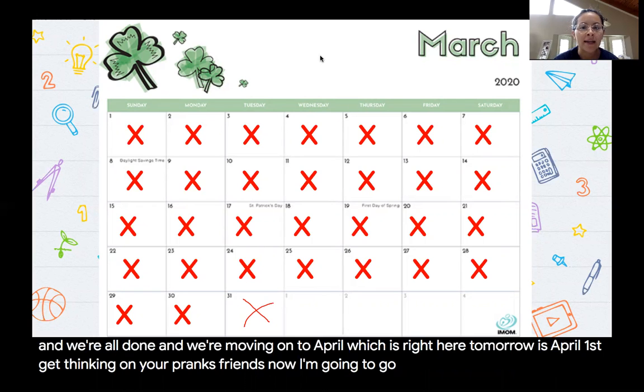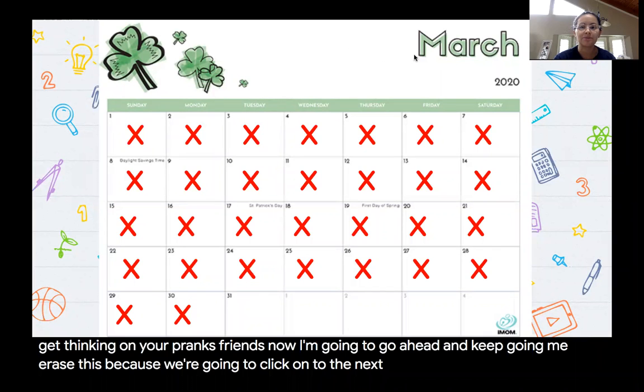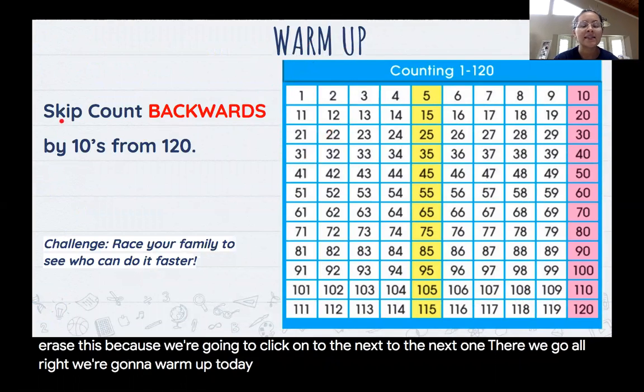Now I'm going to go ahead and keep going. Let me erase this because we're going to click on to the next one. There we go. All right, we're going to warm up today. It's a skip count backwards by tens from 120. And it even has a challenge down here.